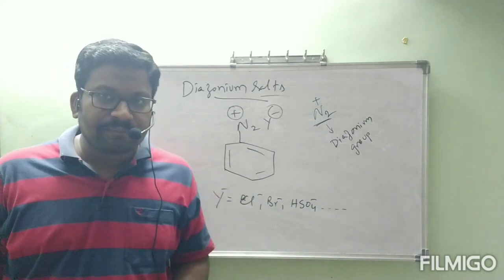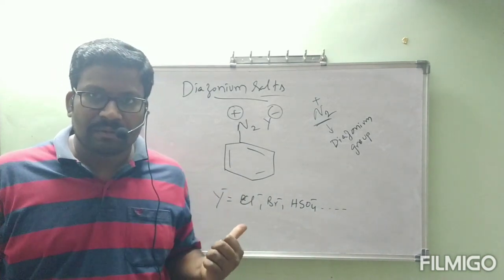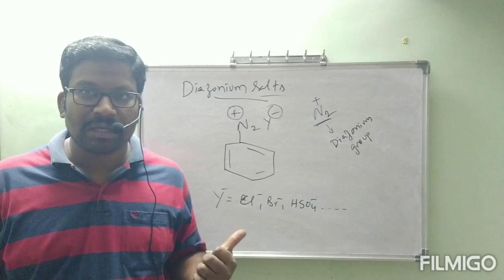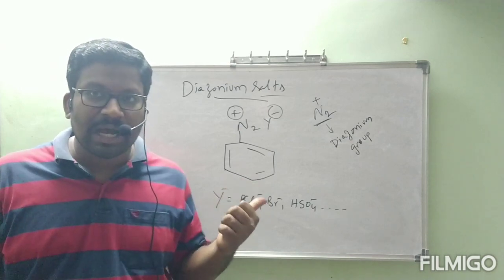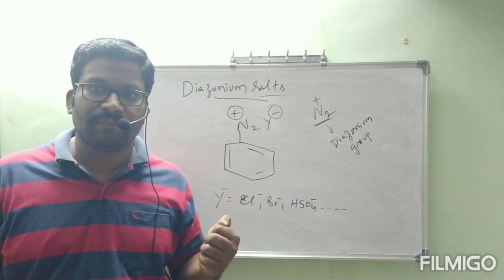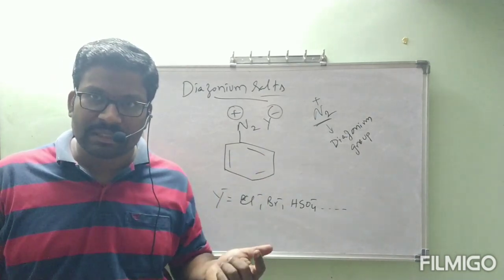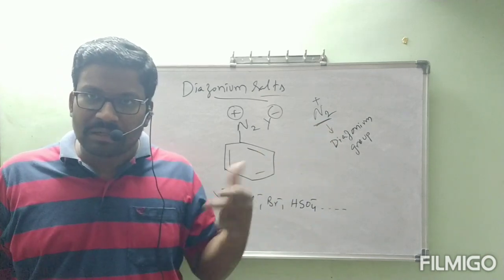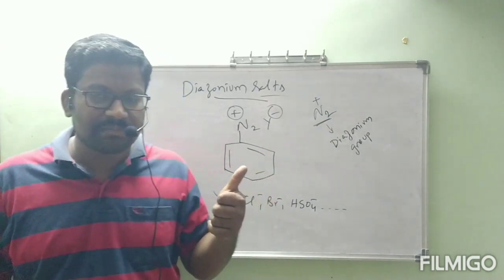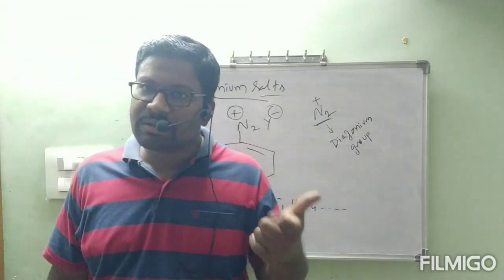Once again I am telling you, this is highly important, because the chemical properties of these diazonium salts are highly useful in conversions. We will see that in the next class. In today's class, we saw the remaining chemical properties: reaction of benzene diazonium chloride, the Hinsberg reagent test, and electrophilic substitution reactions.